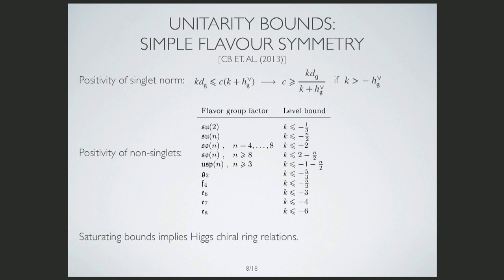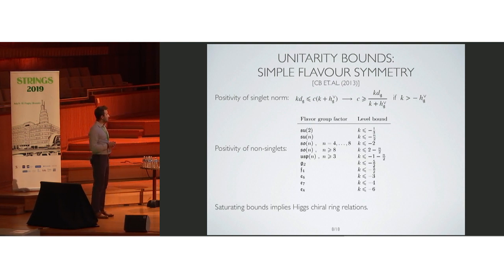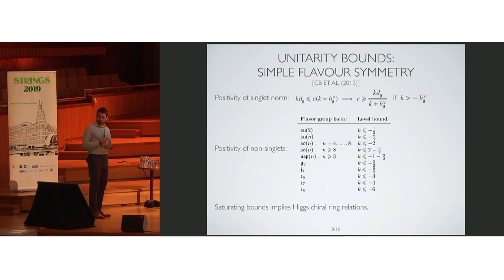So for example, you find out that the Kac-Moody level k, the Virasoro central charge c, and the dimension and dual Coxeter number of the group G have to obey this relation, which after massaging tells you that if the Kac-Moody level is greater than minus the dual Coxeter number, the so-called critical level, then the central charge is bounded below by the Sugawara value of the central charge. So this is the Virasoro central charge getting a lower bound, so that's an upper bound on the four-dimensional central charge because they're related by a minus sign.